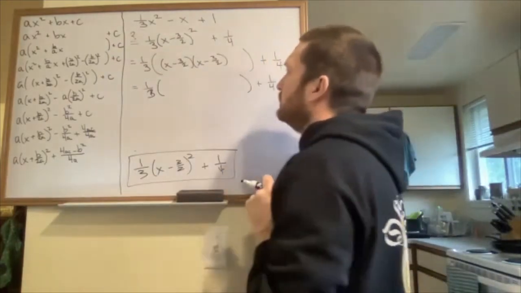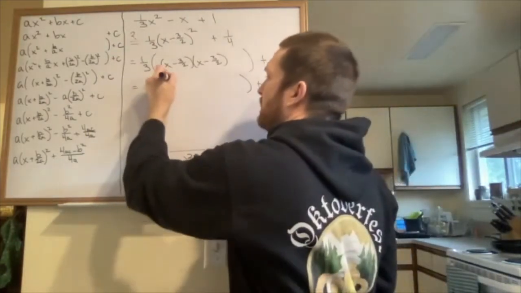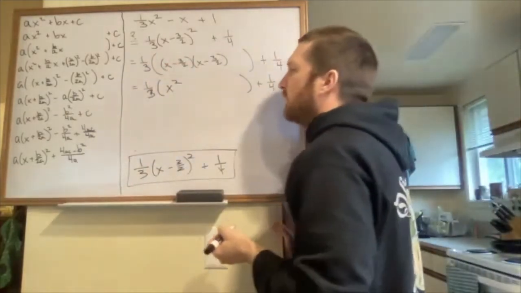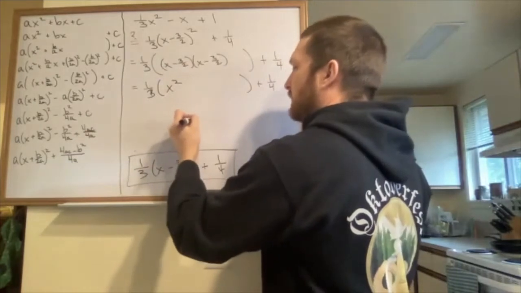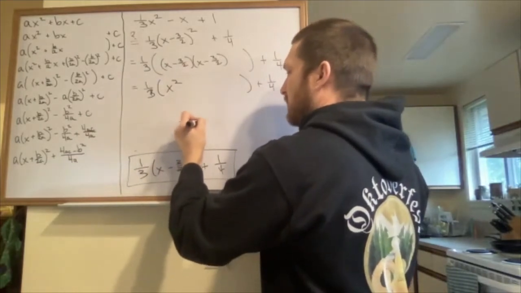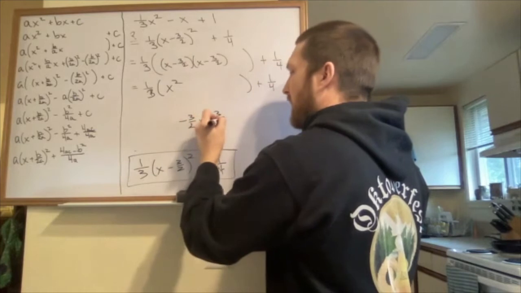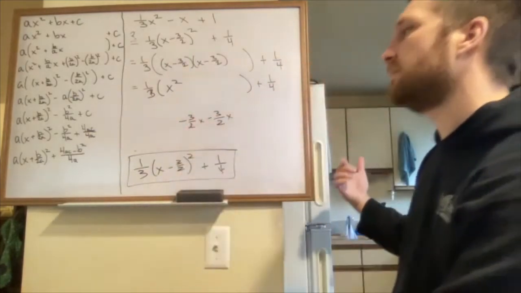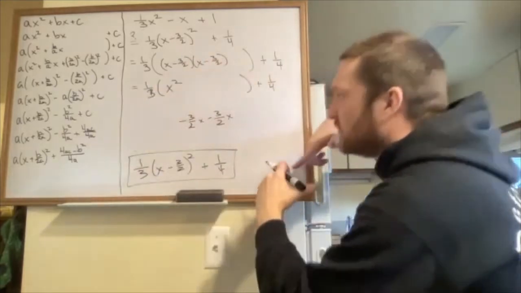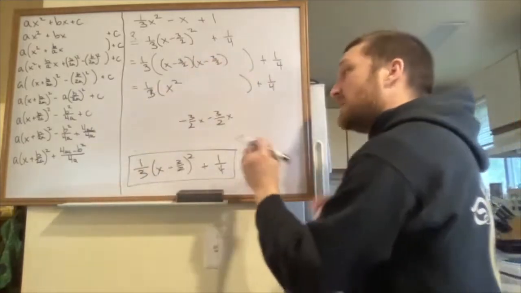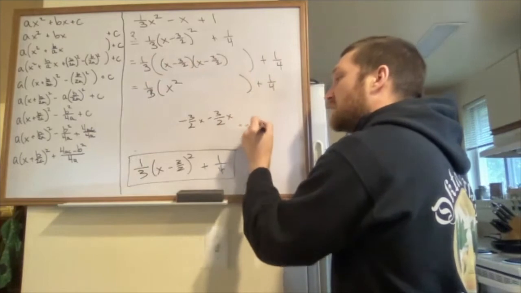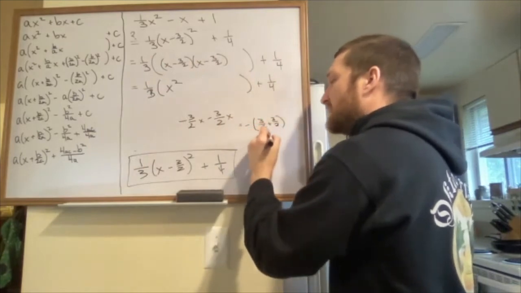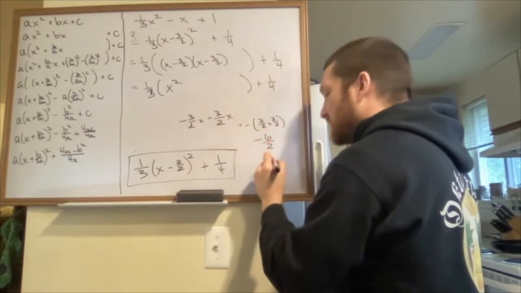Okay, so x squared, yep, minus 3x. Yep, I'm just going to double check you right there that we had the outer and inner being a minus 3/2 and a minus 3/2. So a minus 3/2 minus 3/2 is the same thing as minus 6/2, which is minus 3.